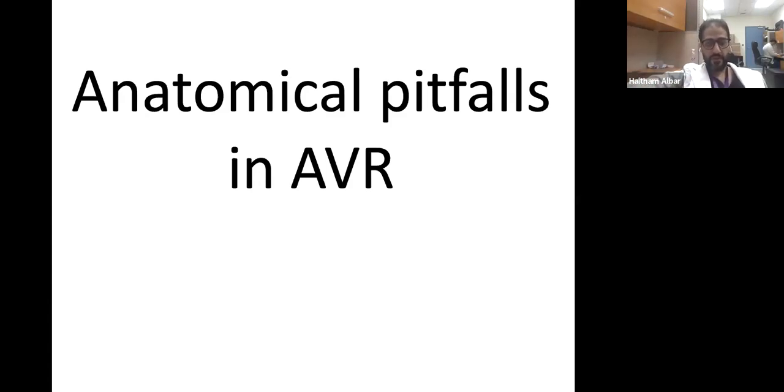After I take all the leaflet and do debridement very carefully, there is one method that I will also use. I need my assistant to take a metal sucker without the tip and take out all the debris for decalcification.